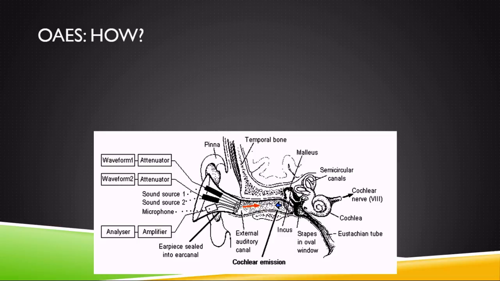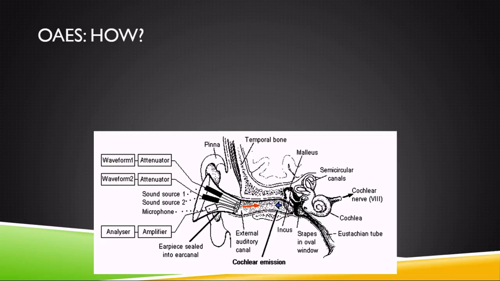The 2 speakers are going to send different tones in if you're using DPOAEs, because you need 2 simultaneous tones, and the microphone is going to measure the sound that's coming back out and sort of cancel out the stimulus sounds and just look at the emission itself, the cochlear emission that's coming back out from the cochlea. So the red arrow is the simultaneous tones going in, and the blue arrow is the otoacoustic emission coming back out from the cochlea.